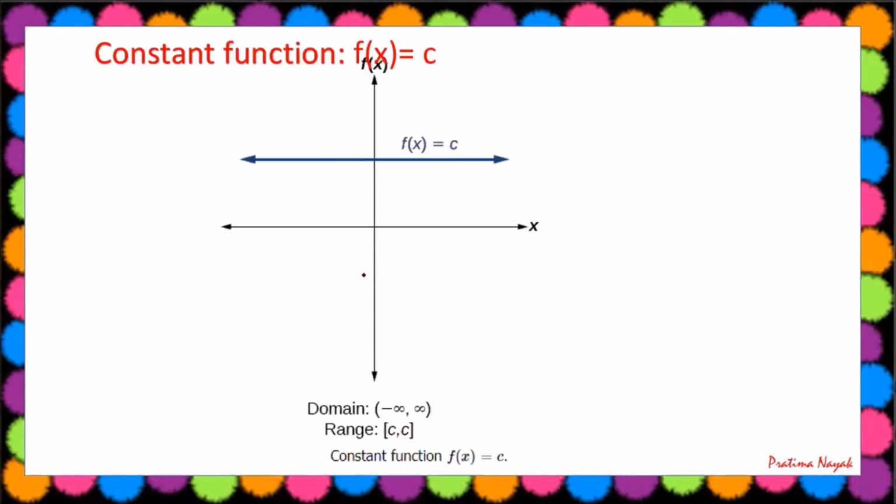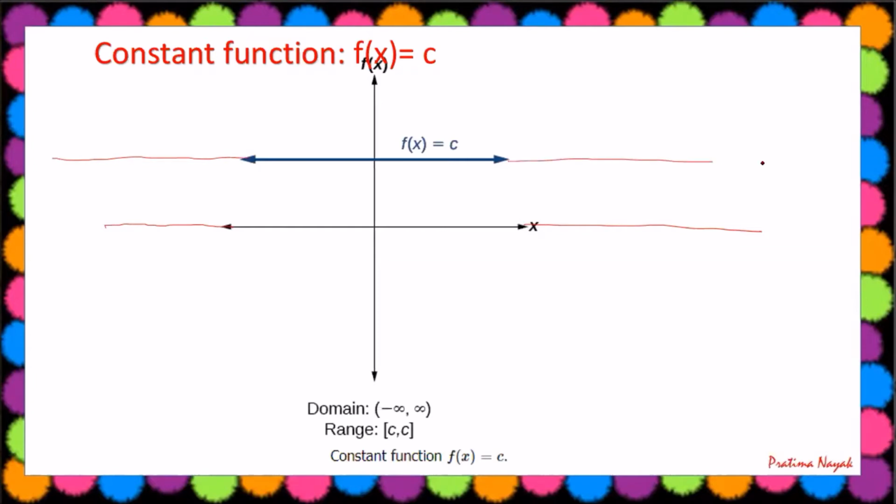Now, first I am taking the constant function. A constant function is denoted by f(x) = c. Now let us observe the graph. If I extend this graph from minus infinity to plus infinity, I get all the values of x.